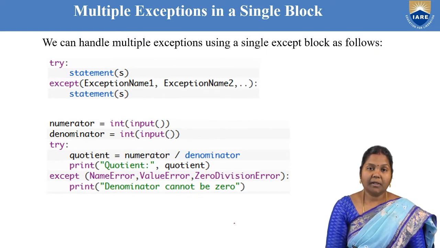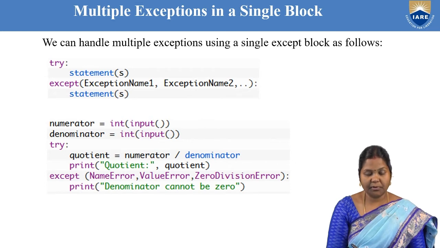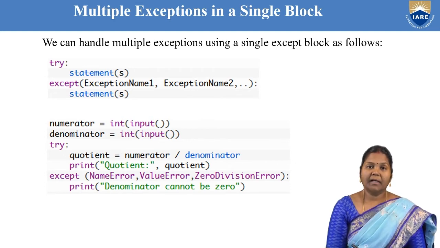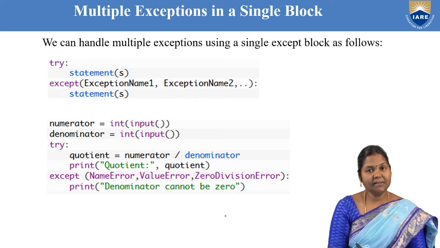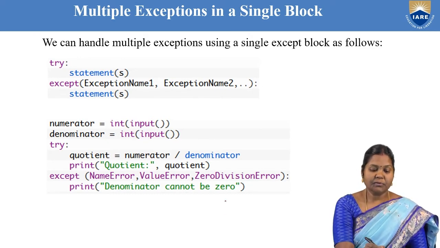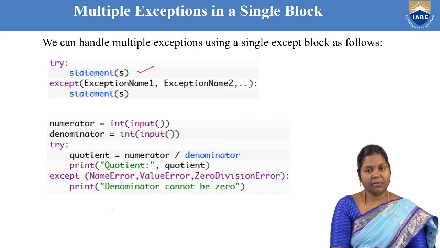Now, can you write multiple exceptions in a single block? Yes, it is possible. In Python, we can handle multiple exceptions using a single block. Let us see the syntax first. First the try block, with the statements we are executing.